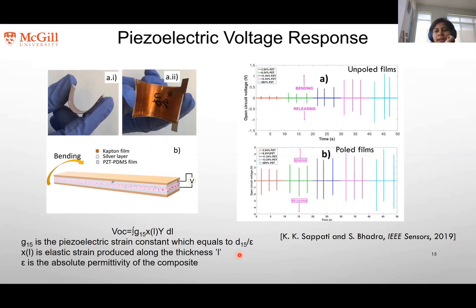Compared to the unpoled films, the poled films generate 4 times higher voltage. So that means by the poling process, we do increase the piezoelectric charge coefficient quite a bit. That shows the effectiveness of the poling, and these results also show that the films really act like a piezoelectric material.